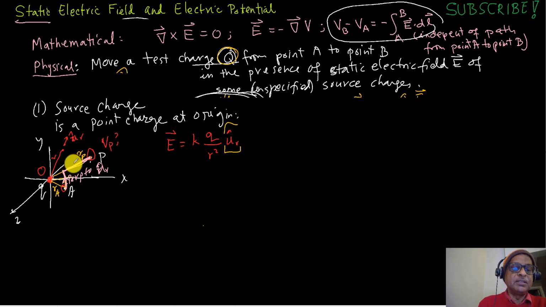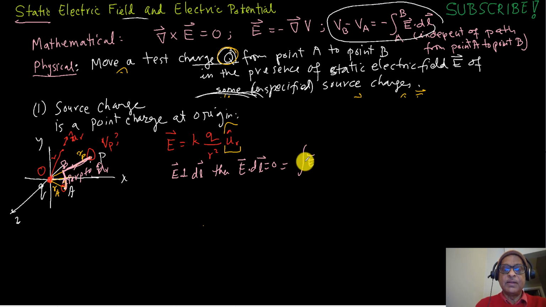So this is from A to P. I go from A to B first, and when you do this integral, if E is perpendicular to dl, then E dot dl will be 0. So minus the integral of E dot dl from A to B in this case will be 0. So from A to B, I get a 0.